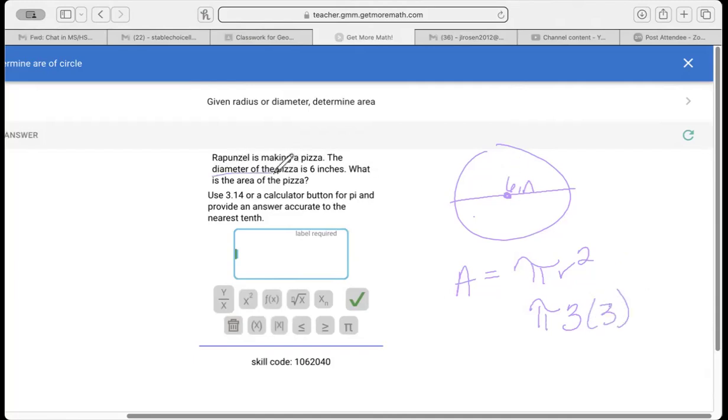Make sure you read that it said diameter, which means we have to find half of the diameter to get the radius, because r is what's in our formula. So that's going to be 28.26. This says round to the nearest tenth. So 2 is in my tenths place. The number behind it is 5 or bigger. So I'm going to bring this up 1. So it's going to be 28.3. What is this? Inches squared.